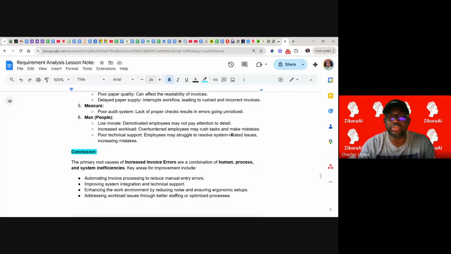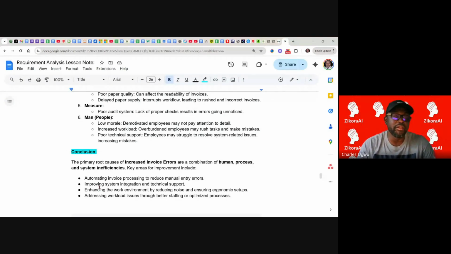If you are a business analyst, you can say, these people are still struggling, what do I do? Let's automate it. When we automate it, the errors in how they generate invoices will reduce. You can recommend the implementation of automation of invoice processing in XYZ Limited. You have come up with a very powerful solution, and it becomes a project. And now they start looking for a project manager to start the work.